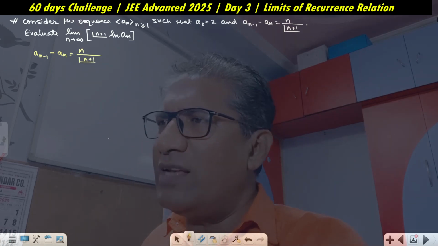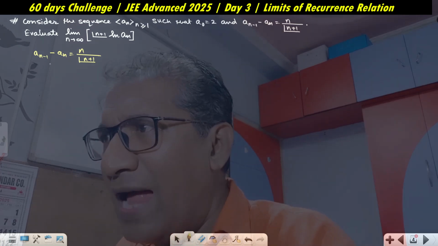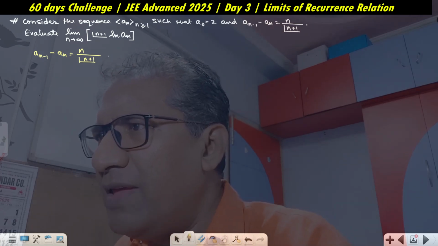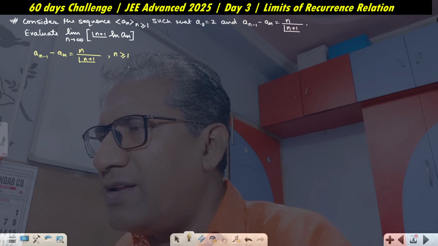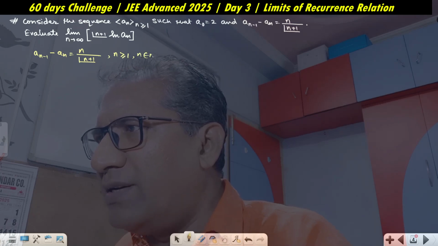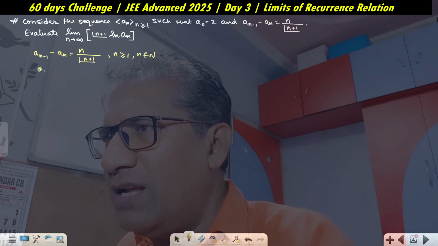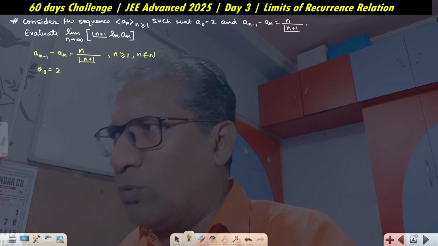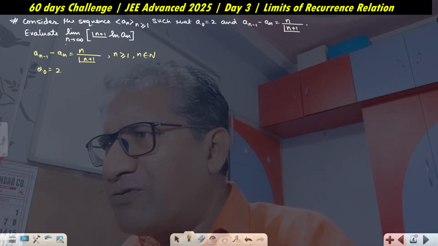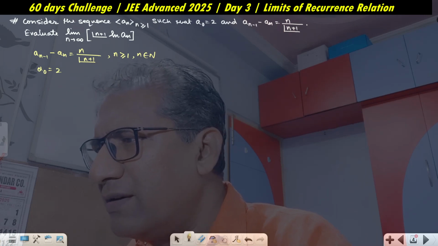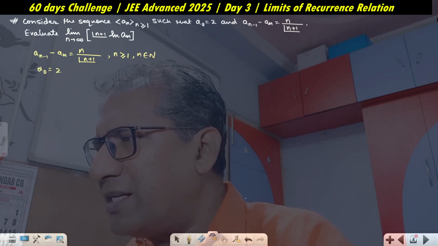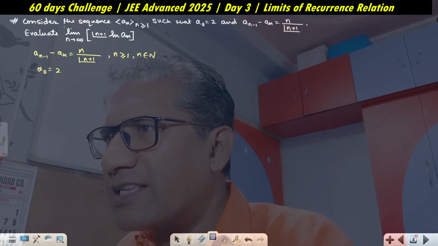This is given to us, and the initial values too. Here n is greater than or equal to 1, n belongs to natural numbers, and the initial value is given, a0 is 2. And we have to find the limit for this expression.